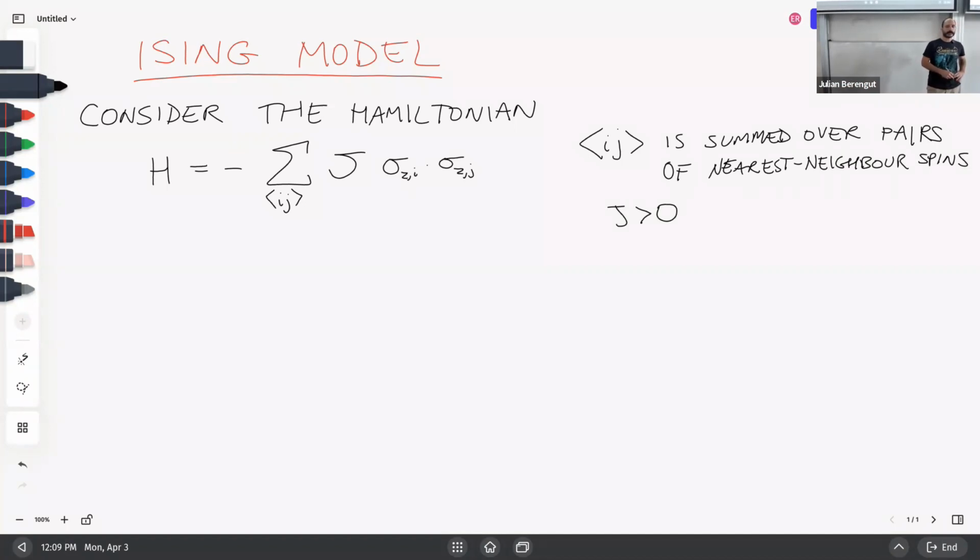You can have J less than 0 as well, but let's just stick with J greater than 0 for today. J greater than 0 is for ferromagnets.